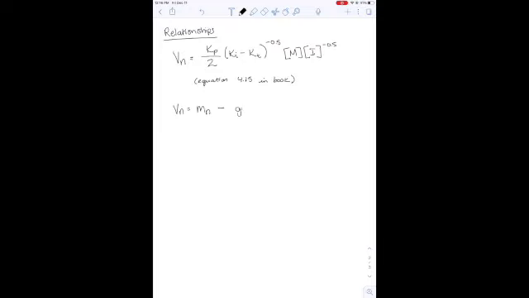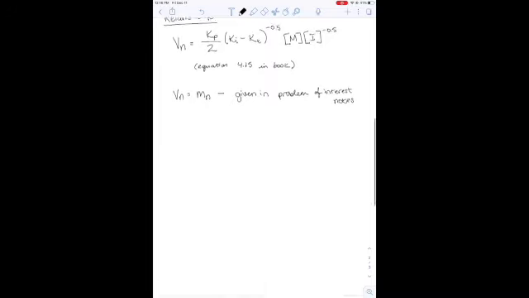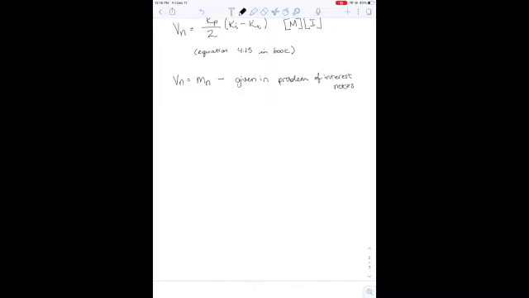For starters, we're going to use V sub n proportional to M sub n, which means that the chain length is proportional to our molecular weight. This was actually given in the problem of interest file on Canvas. Our next relationship relates the chain length to the initiator concentration.